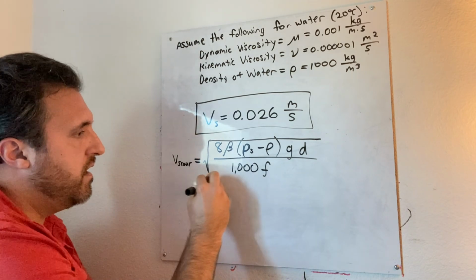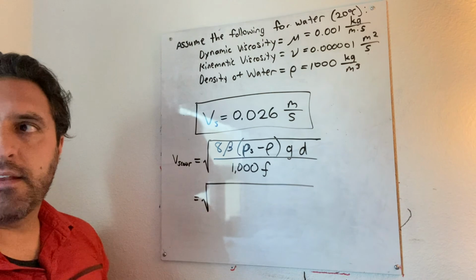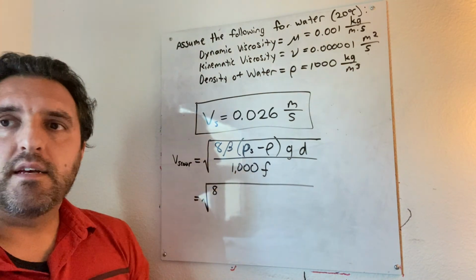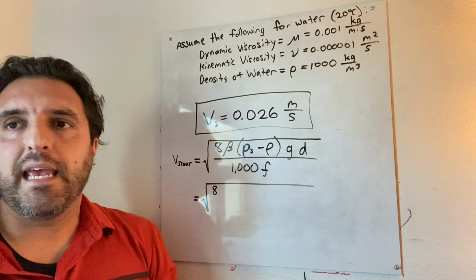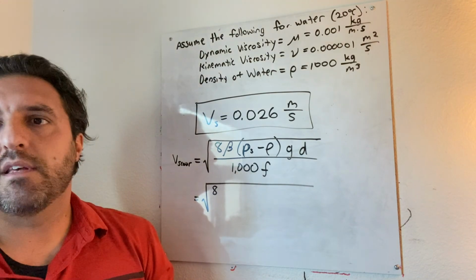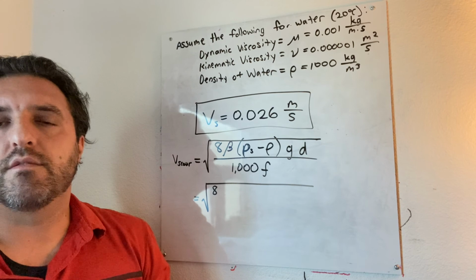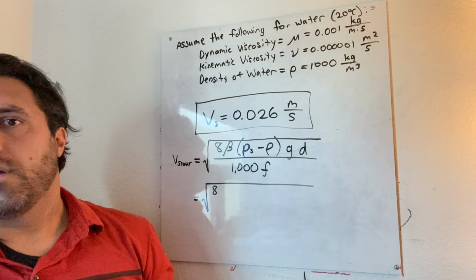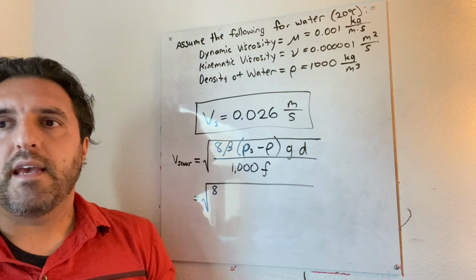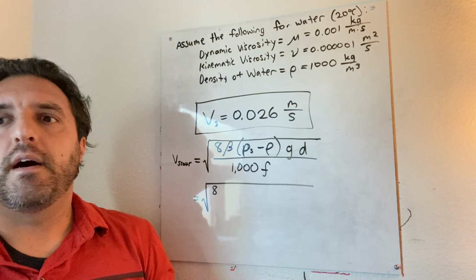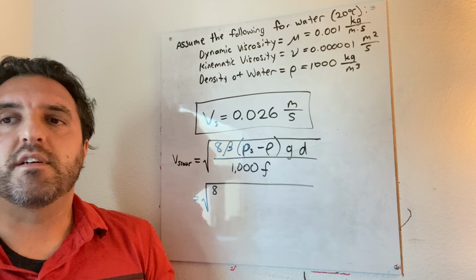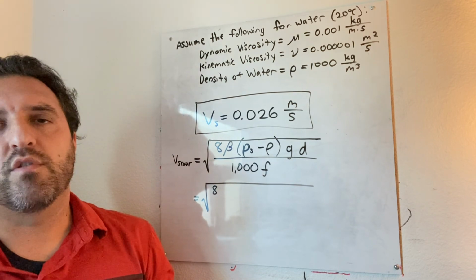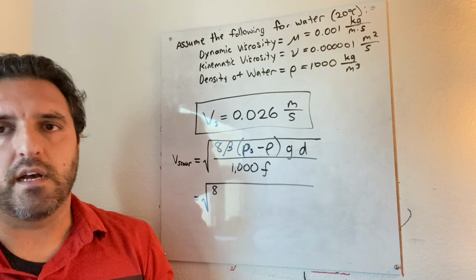All right, so using our sand particle again, we've got 8 times beta. Now beta is a dimensionless constant and it's usually taken within the range of 0.04 to 0.06. 0.04 would be used in the case where we have material that's more similar to sand. 0.06 would be used in the case where we have material more similar to sticky matter like sludge.